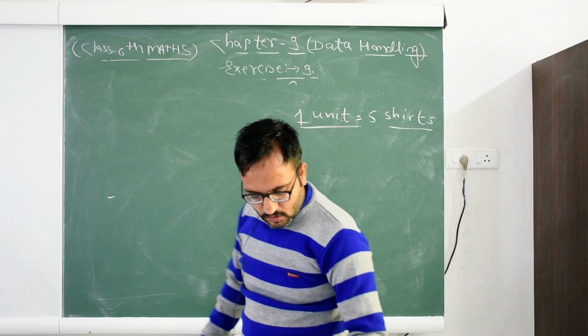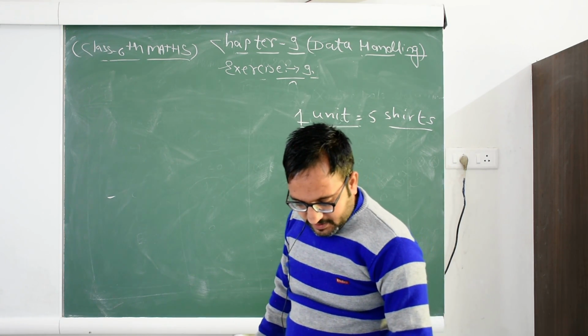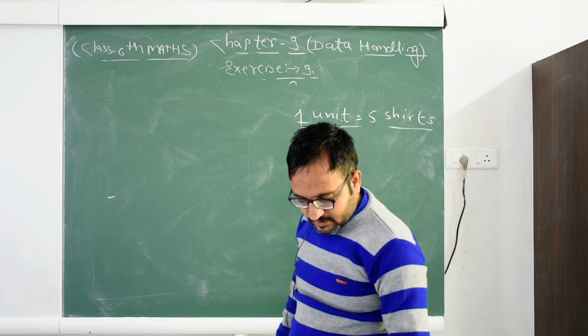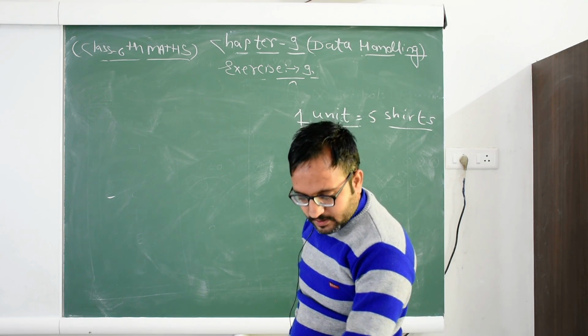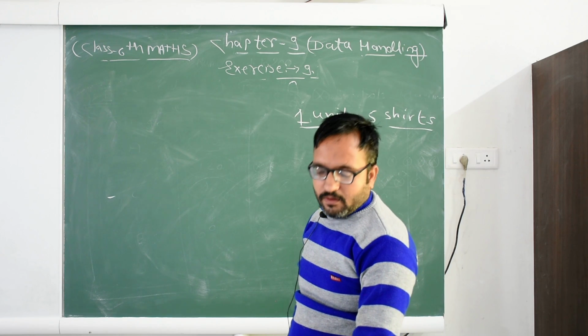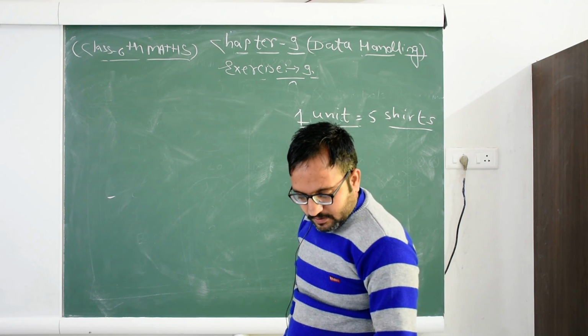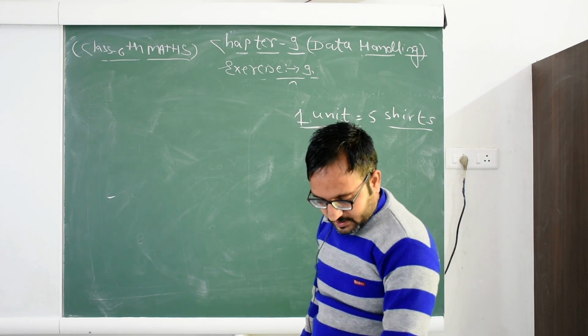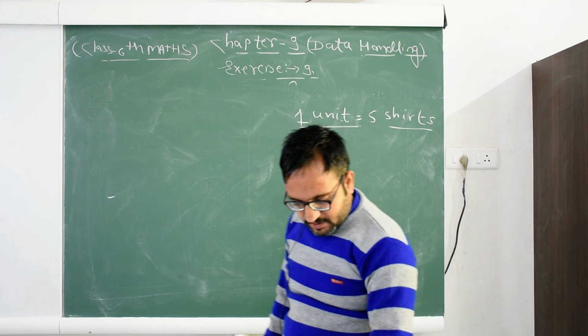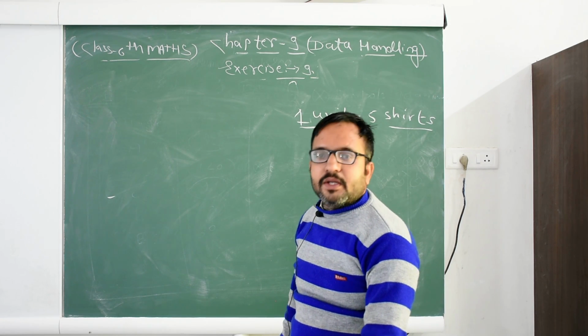Now question C: on which day were the maximum number of shirts sold? Maximum means longest bar. So on Saturday the maximum number of shirts were sold. On which day were the minimum sold? On Tuesday.